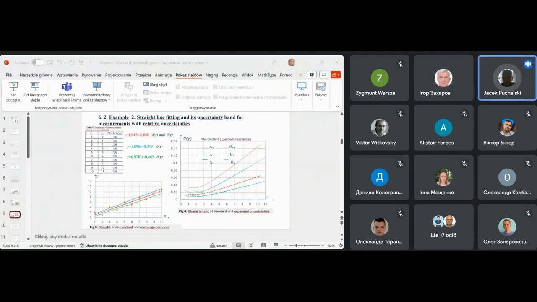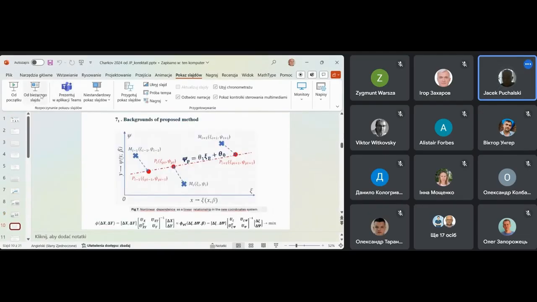In the case of relative uncertainty, the solution of fitting a straight line is different, but the best one is when we take into account both uncertainties for X and Y, and then the expanded uncertainty is also greater than in other cases. Okay.